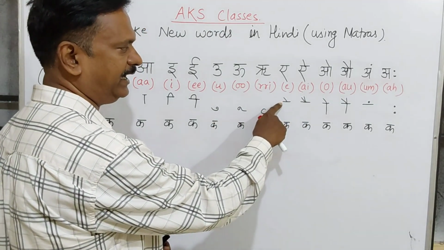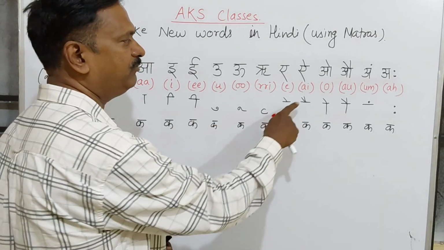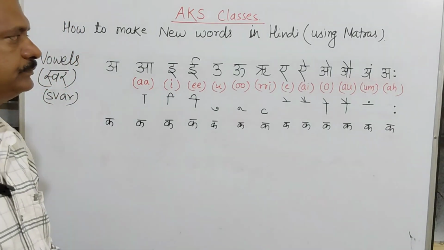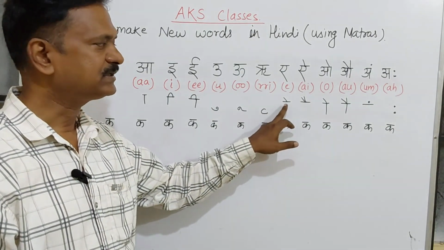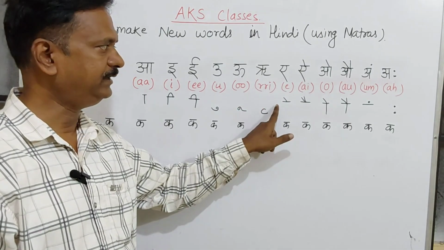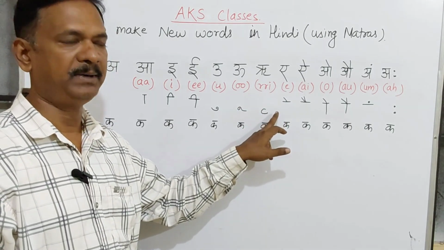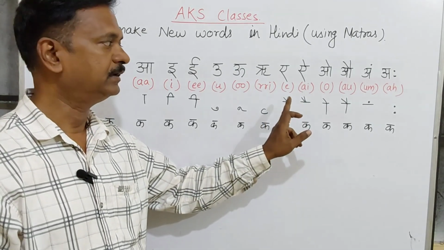For the e sound, we use a single slanting line above this horizontal line. We call it the matra of e, and this one is ai, a double slanting line.